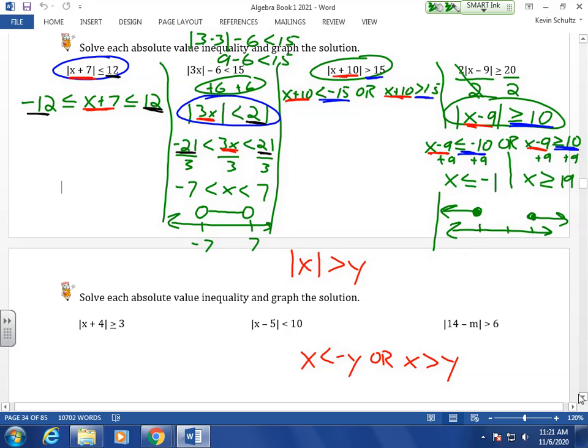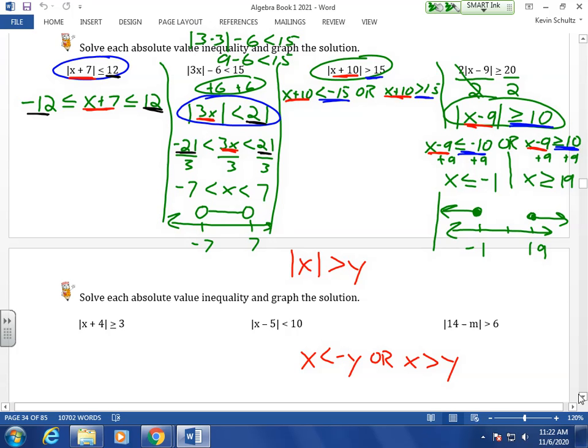So our solution graph: x is less than or equal to negative 1, x is greater than or equal to 19. Any value for x within either of those ranges will make the original inequality true.